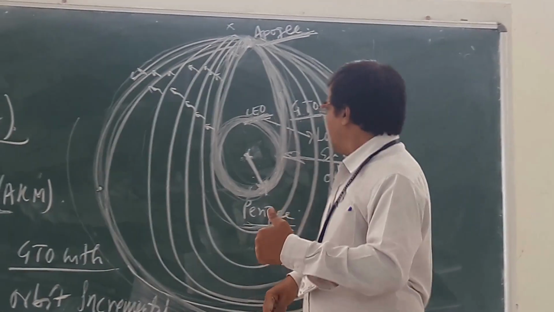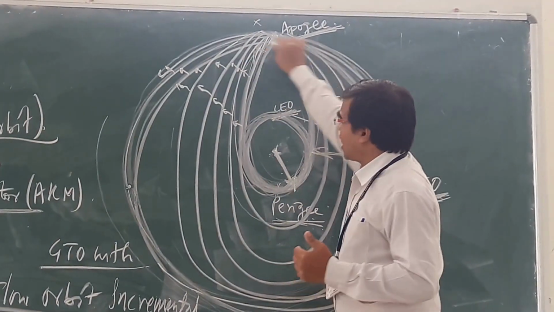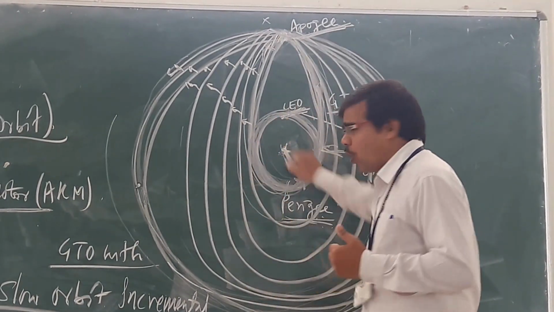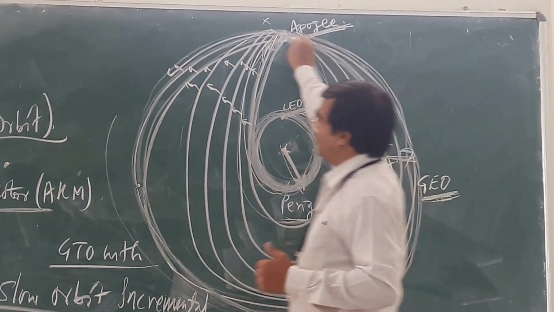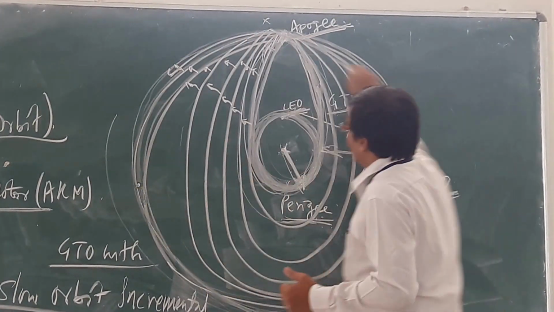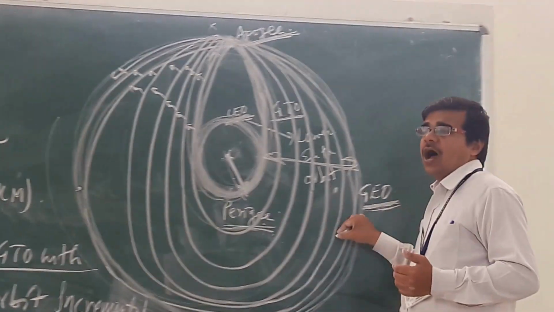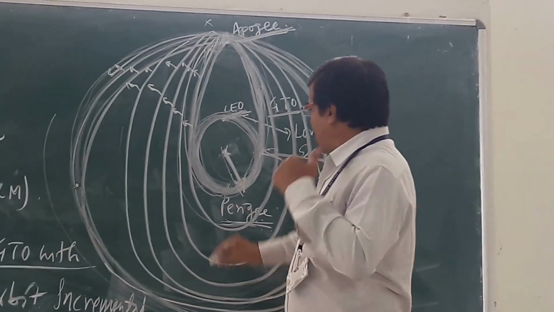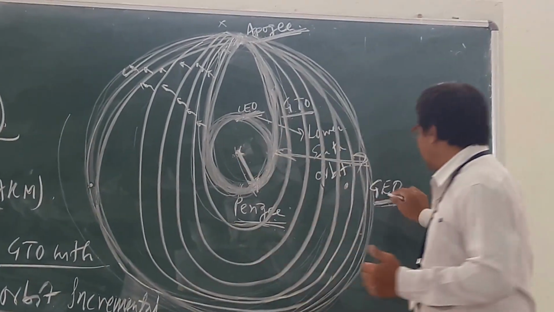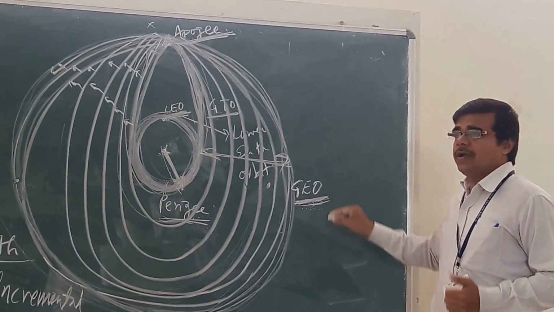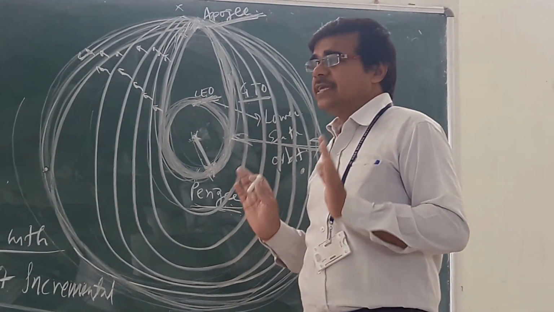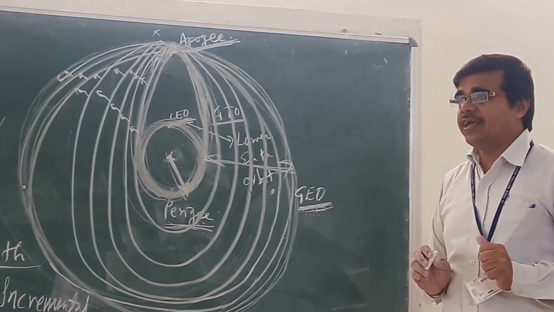And again when it is going to your geostationary transfer orbit, it is the motor of your launch vehicle only which is making it go to your geostationary Earth orbit. So launching the satellite from the Earth till your geostationary Earth orbit, it is the responsibility of the launch vehicle.